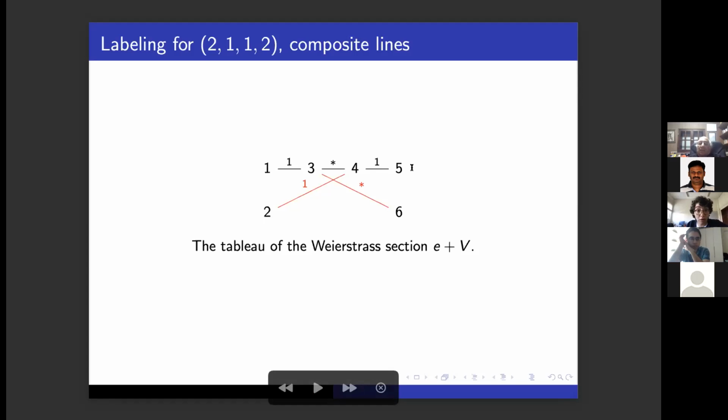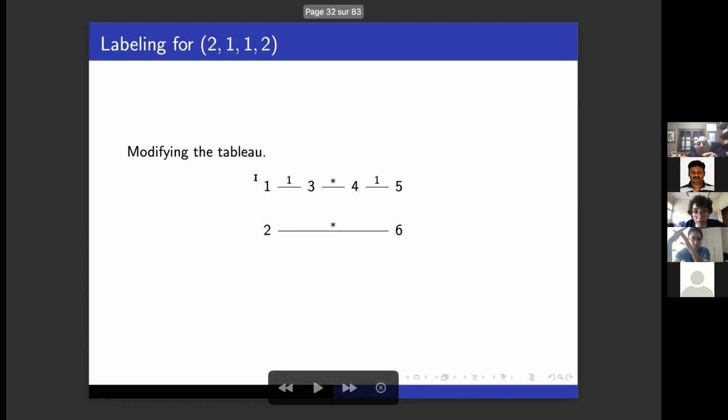These composite lines are really nice because each time you draw a composite line, if you make a product of all these composite lines, you will get a monomial of your invariant. Like for example, when we had this composite line 1, 3, 4, 5, and 2, 6. If you do the product of all of them, it will also be a monomial of our invariant.